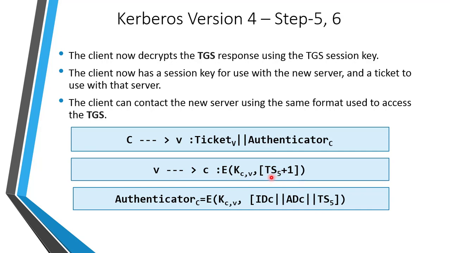It will increment the timestamp 5, which is encrypted using the secret key shared between the client and the application server. So in this way the application server and the client will authenticate each other.